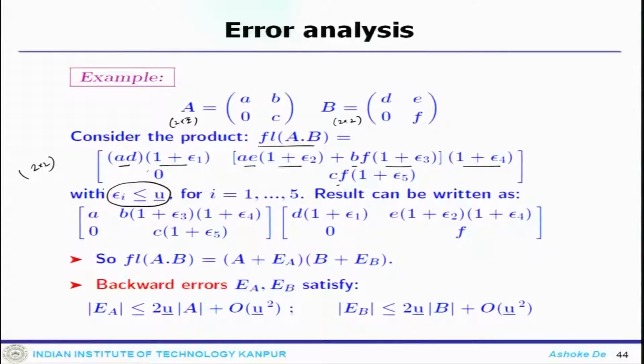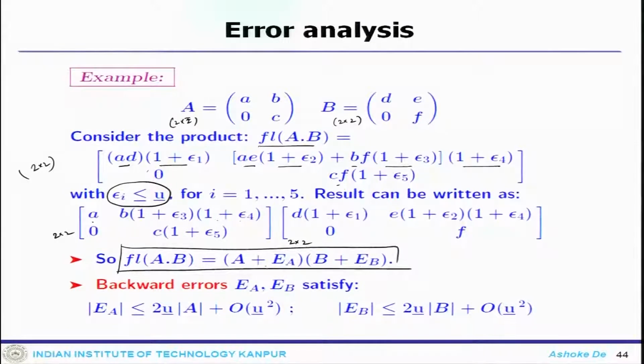Using some property of the matrices, you can write the first matrix as A, B times 1 plus epsilon 3, 1 plus epsilon 4, 0, C times 1 plus epsilon 5, and the second as D times 1 plus epsilon 1, E times epsilon 2, epsilon 4, 0, F. So, floating point A dot B is A plus EA, B plus EB.